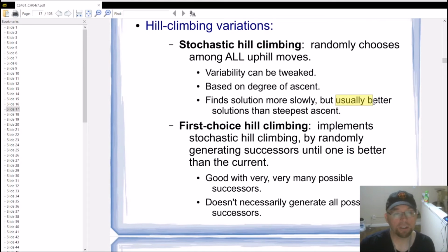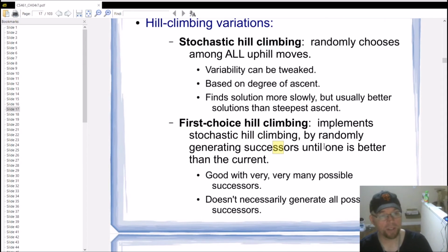So our next choice, first-choice hill climbing. This is a variation of it. And what it does is it just randomly generates successors, okay, until it finds one better than your current node. Okay, now this is good when you have a whole bunch of possible successors, right? So you don't just process your actions on your current state in a strict order, okay? You could randomly apply actions to your current state to generate the successor state, okay?